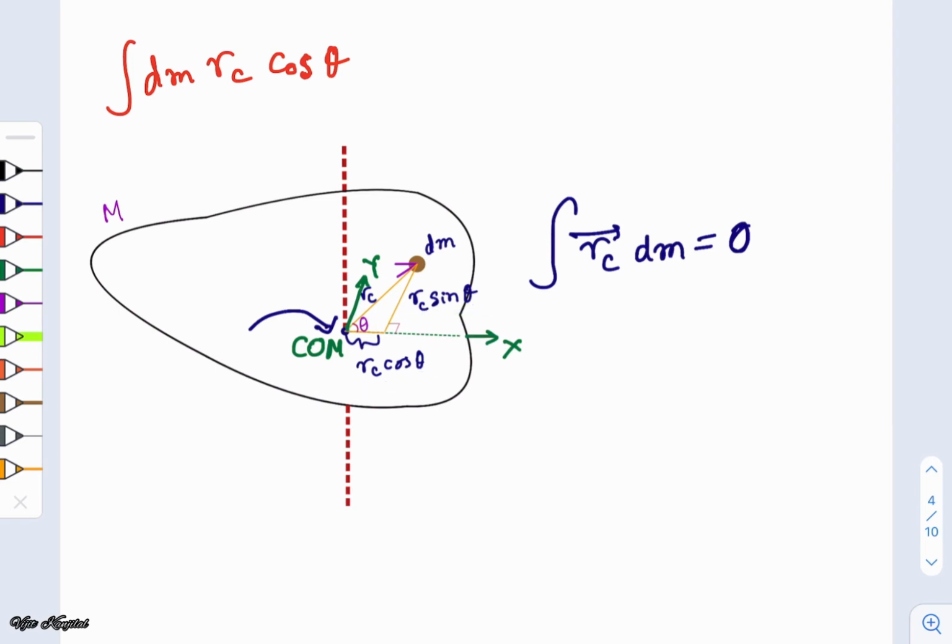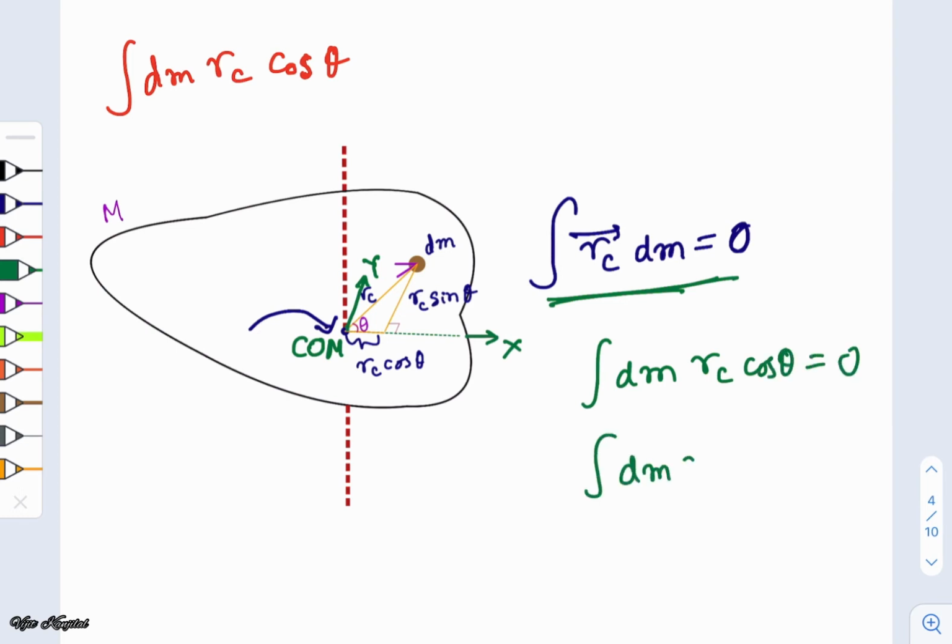So we can write from this expression that the integral of dm rc cos theta equals 0, or the integral of dm rc sin theta equals 0.